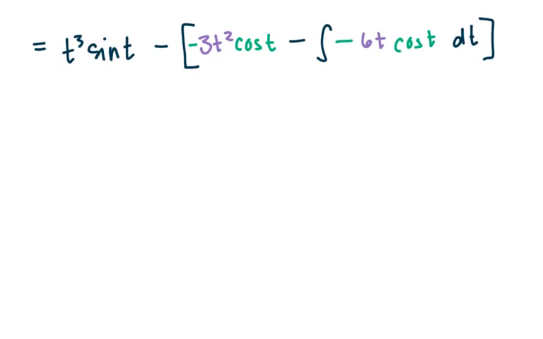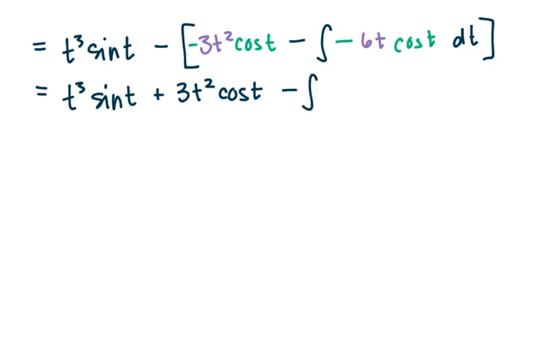So cleaning this up, I've got t cubed sine of t plus 3t squared cosine t minus negative is plus, then we throw another negative in there. I've got minus the integral of 6t cosine t dt.